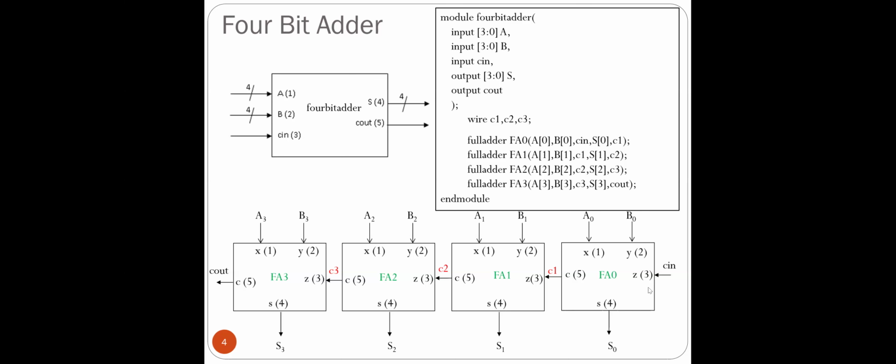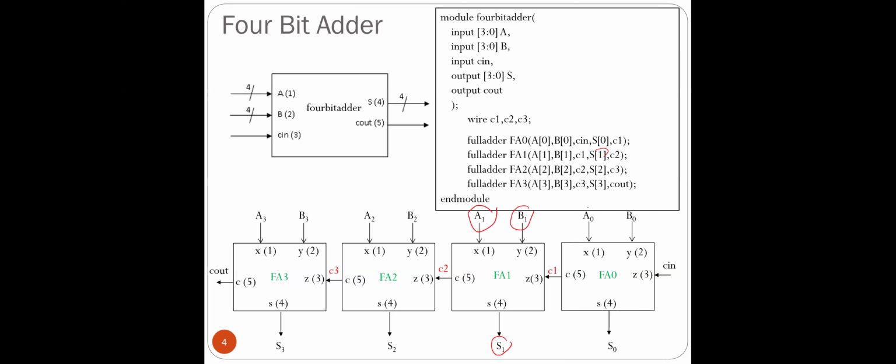One full adder will add A0 and B0. Second full adder will add A1, B1 to generate sum 1 and carry C2, and so on.